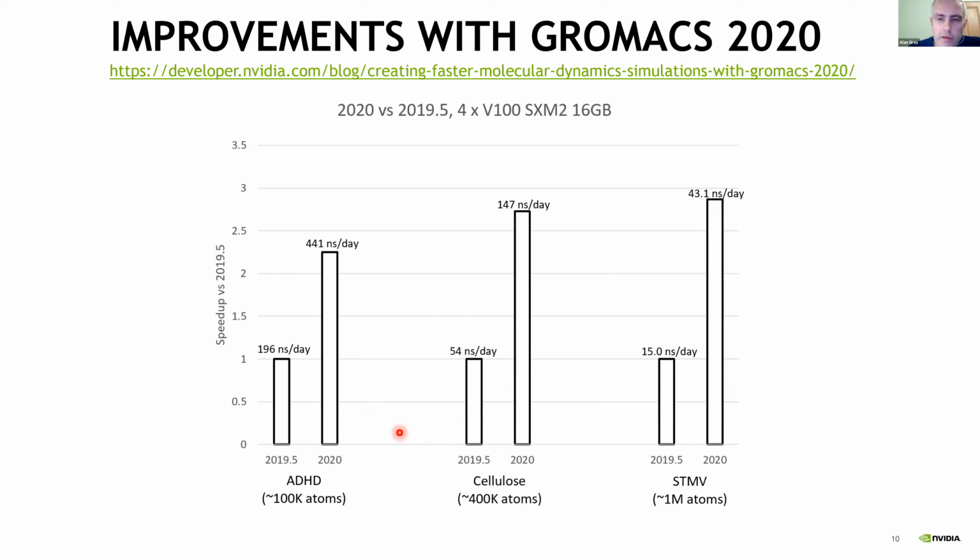We can see the benefit varies with the system size, and we're getting more benefit for the larger sizes, but we're still getting a factor of 2 to a factor of 3 benefit from these optimizations. So this really shows you that you can have a really large effect by using the latest version of Gromacs with these optimizations enabled, and I'll come back to show you how to enable these.